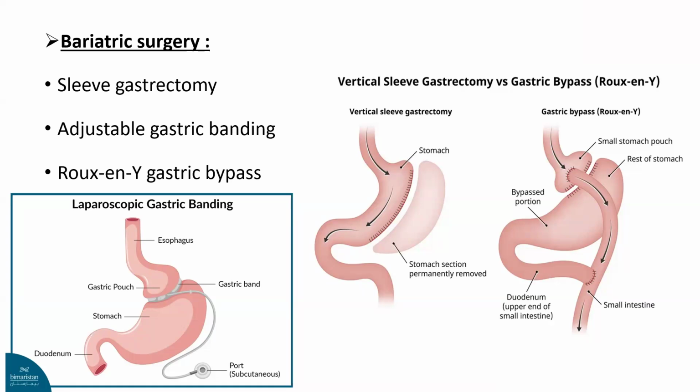Where do you see the left and right vagus? Left vagus is anterior to the esophagus, whereas right is a little posterolateral, sir. Okay, LARP.